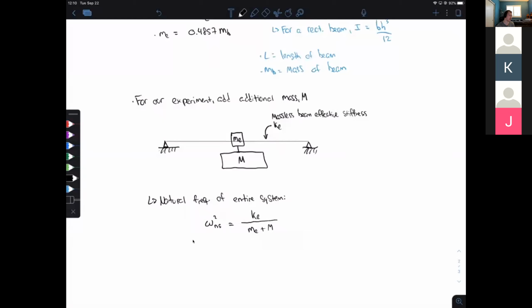Then Ke is our effective stiffness, M sub E is the effective mass, and capital M is the additional concentrated mass in the center of the beam.